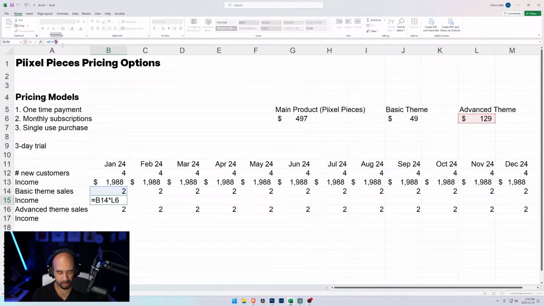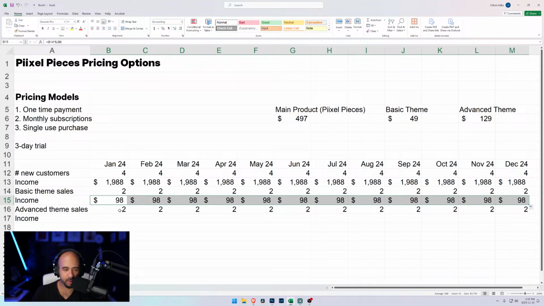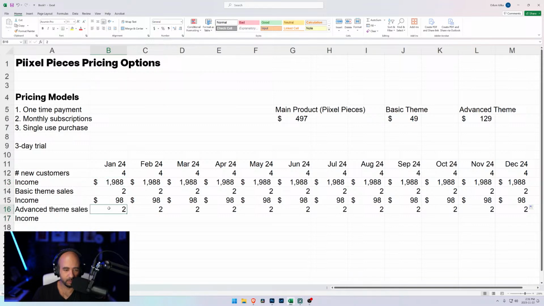Not L6, J6. Oops, that's supposed to be the $ sign. I mean, that's ultra low. But again, the real thing is we don't want to sell individual templates. We want to sell people our main product, which is access to everything. And then advanced theme is going to equal this times this.